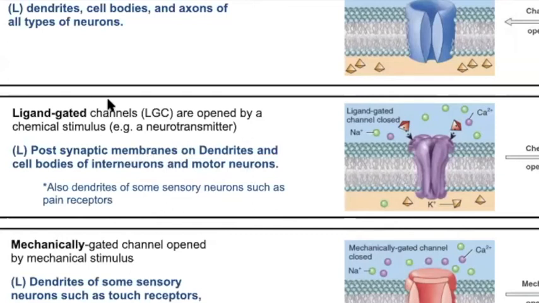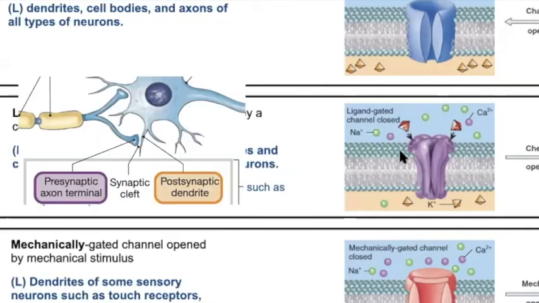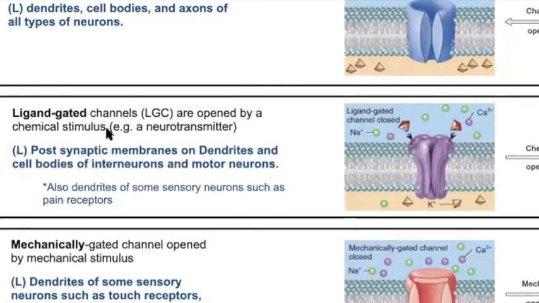But we also want to note that sensory neurons are getting their information from the environment. So their ligand gated channels, where they're stimulated, are way out in your skin somewhere. So the dendrites of sensory neurons are going to be out in the periphery. We can go back to that when we go over the types of neurons. But these are ligand gated channels.